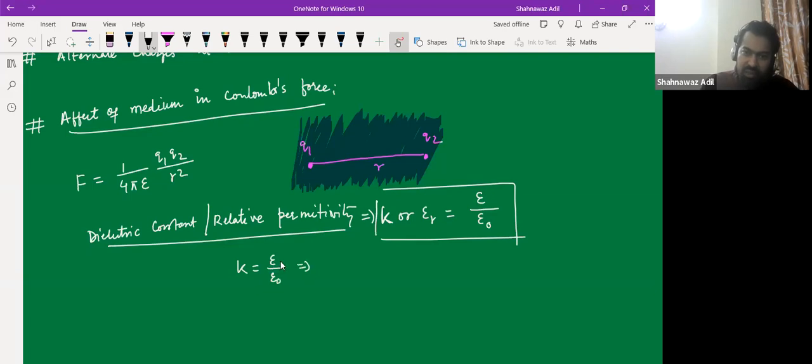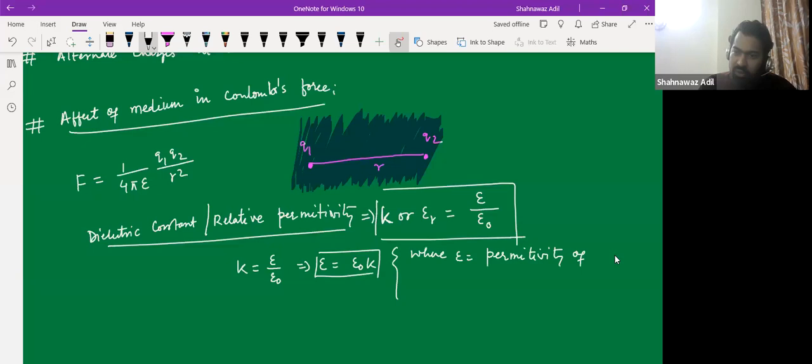So E would be epsilon naught times K, where E is the permittivity of the medium, epsilon naught is the permittivity of free space, and K is the dielectric constant.